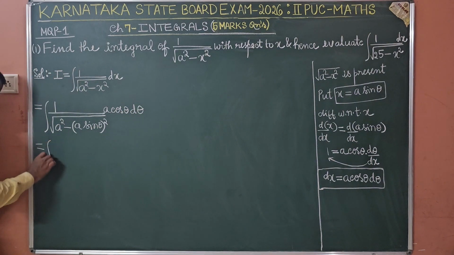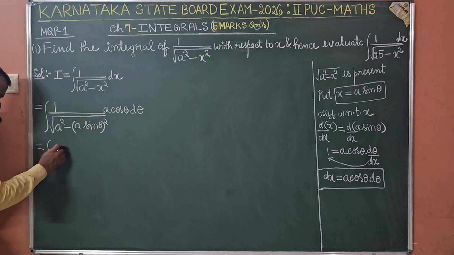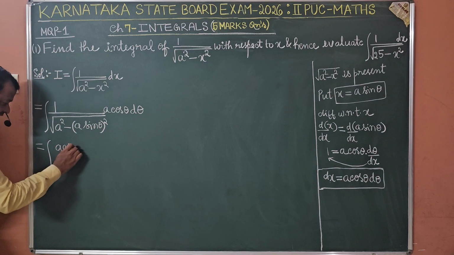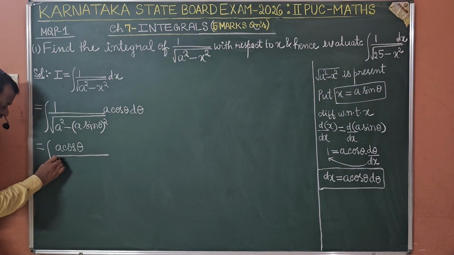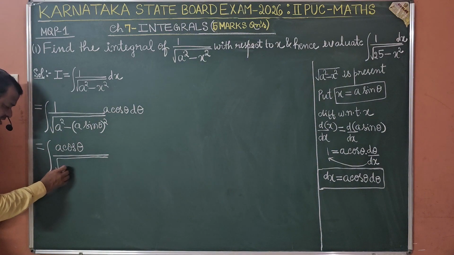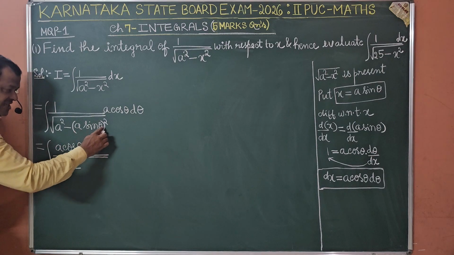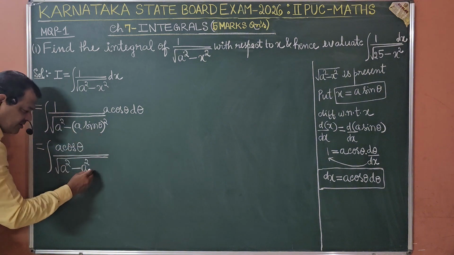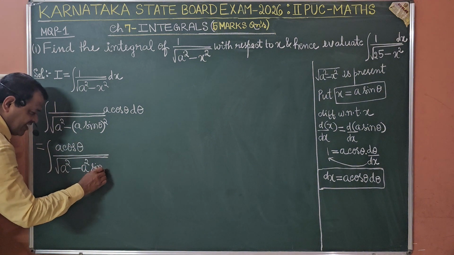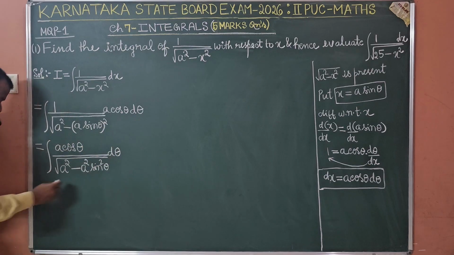Now this is integration of 1 into a cos theta d theta. Let me write in the numerator a cos theta divided by square root of a square minus a sine theta whole square, that is a square, then sine square theta, d theta as it is.